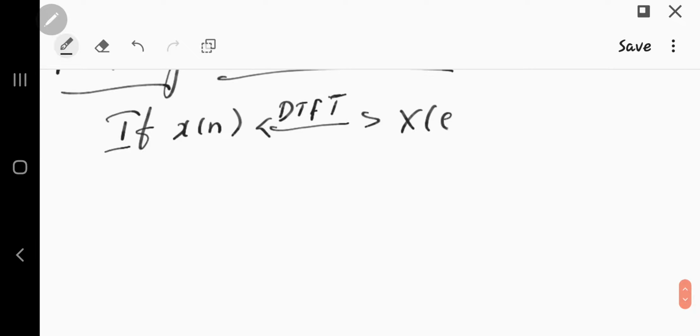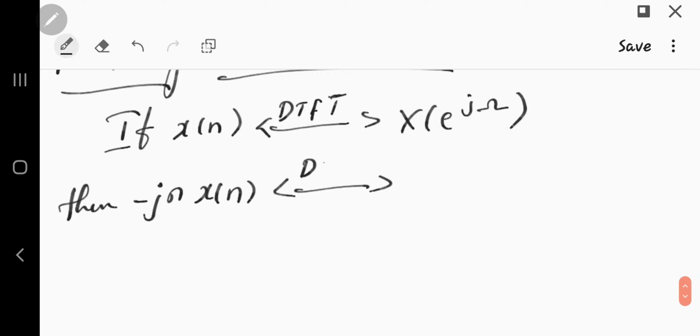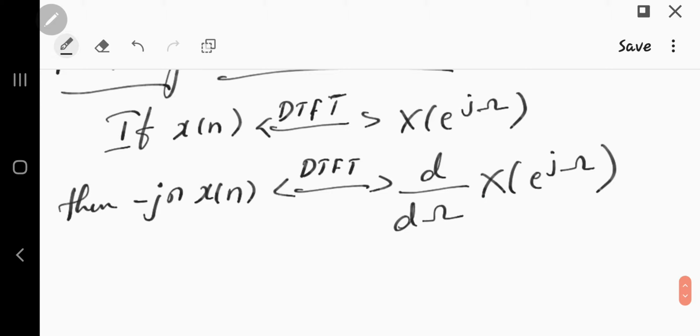So if x of n gives you X of e power j omega, then minus j n x of n gives d by d omega X of e power j omega. That means the differentiation will be performed for the signal in the frequency domain or vice versa.